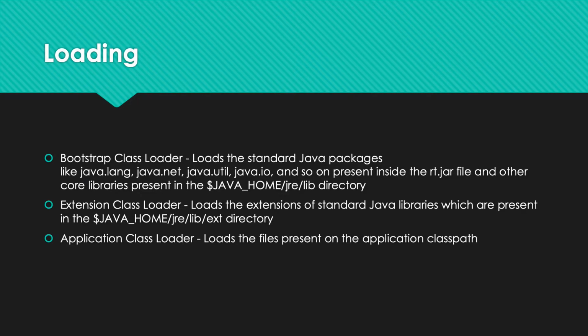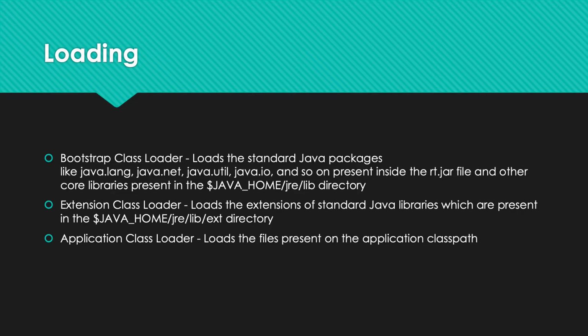For those who have worked on Java a little bit, you might have some idea of these packages. These might be utilities, java.lang, java.io, file related packages, and so on. Those will probably be the first things to get loaded in the memory, and that is done by the bootstrap class loader.